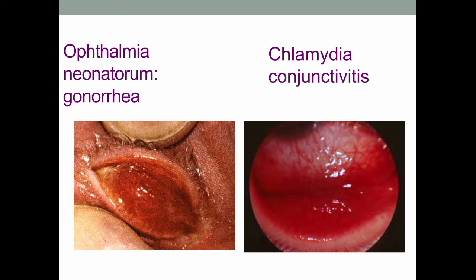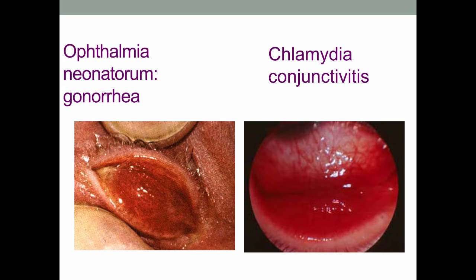Two examples of bacterial infections or bacterial conjunctivitis that you may see in the neonate are the gonococcal infection that can be seen in the neonatal period, and also chlamydia. And chlamydia can occur in that first 28 days of life.